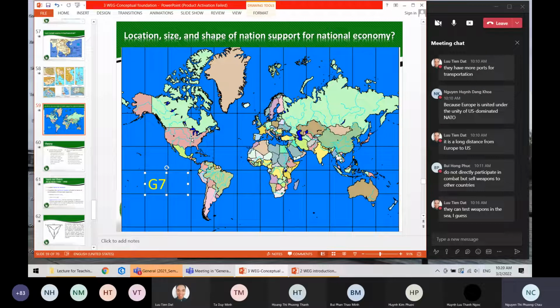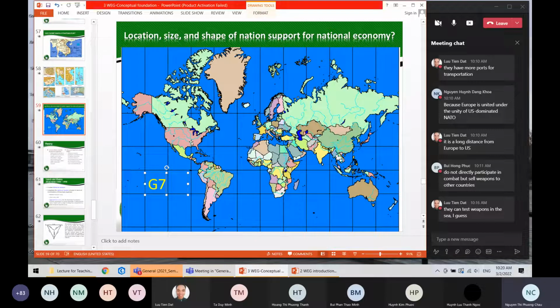And with this support, the United States can create more weapons faster and new weapons to sell to other nations, and they earn a lot of profit, a lot of money. And the U.S. used that money to develop the economy for a very long time, so they could develop very well and be the strongest economy in the world.